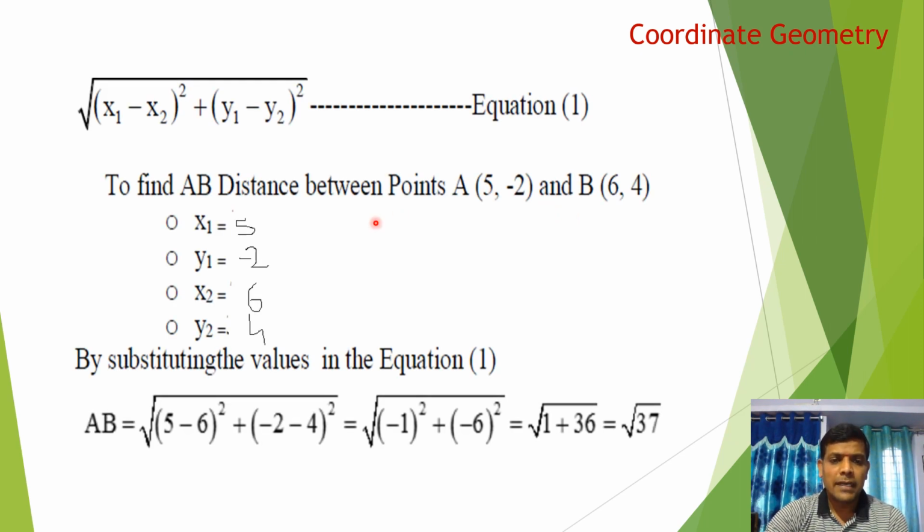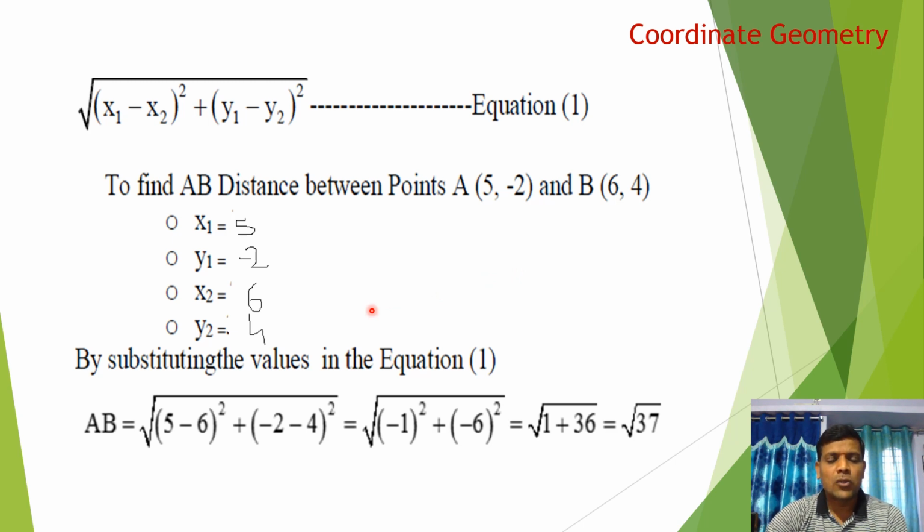Now let us find the distance between A and B. What are the coordinates of A and B? Here A is (5, -2) and B is (6, 4). So write down the coordinates: x1 equals 5, y1 equals -2, x2 equals 6, y2 equals 4.